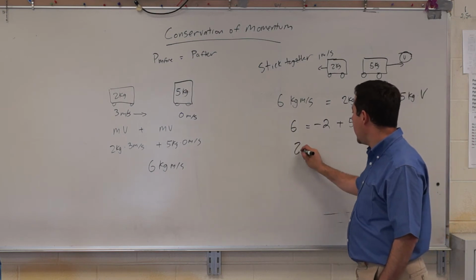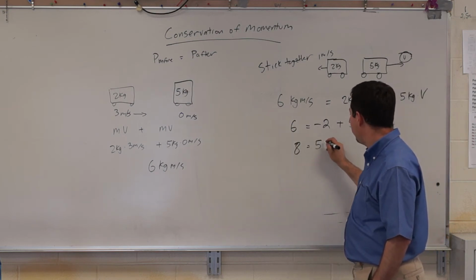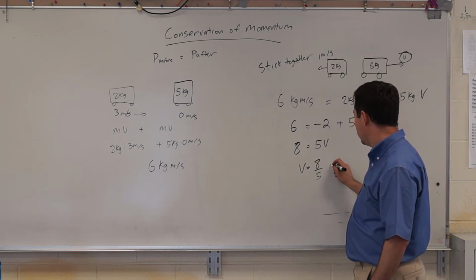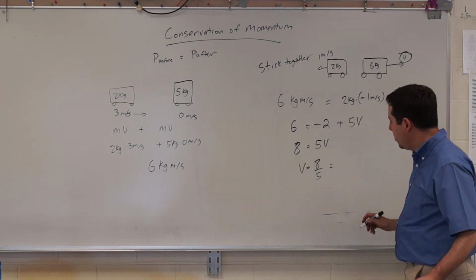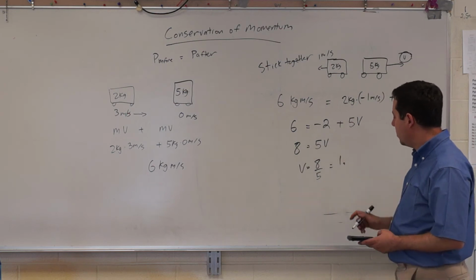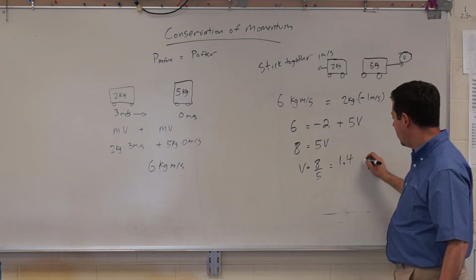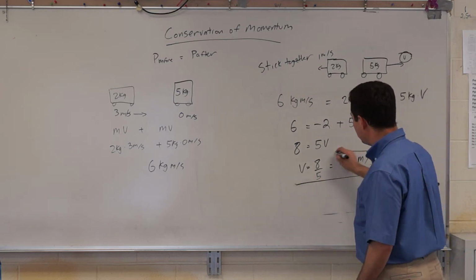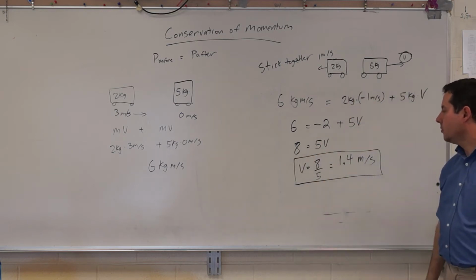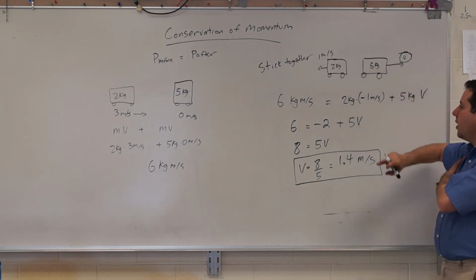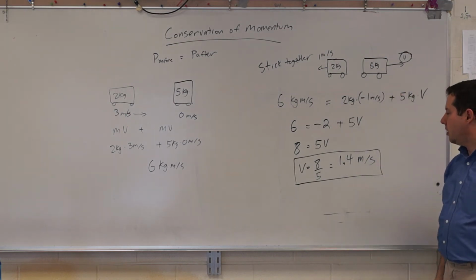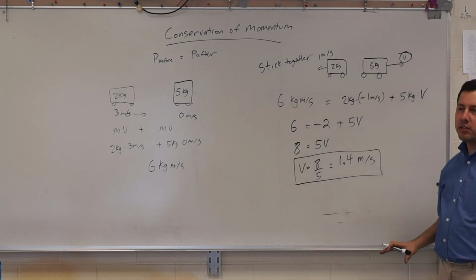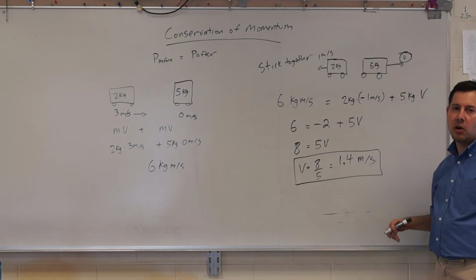So you end up getting 8 equals 5v, or v equals 8 fifths, which should be 1.4 meters per second. So car 2 is going at a speed faster than it was before, and momentum is still conserved. You've got to ask yourself what's going on.